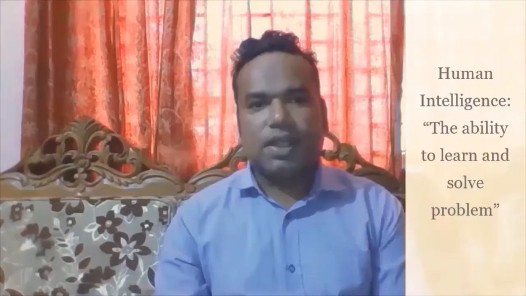So first of all, I would like to explain what is human intelligence. Human intelligence is the ability to learn and solve problems. And there are some abilities of human intelligence. First of all, it's called learning. Learning means the activity of gaining knowledge by studying, practicing, or experience.